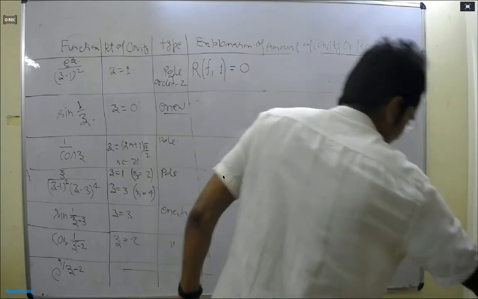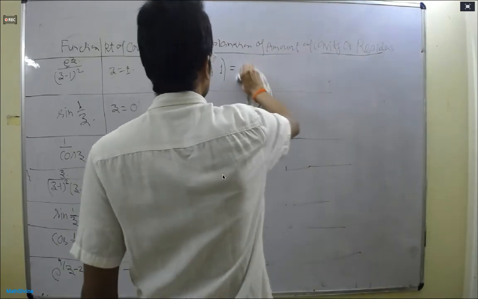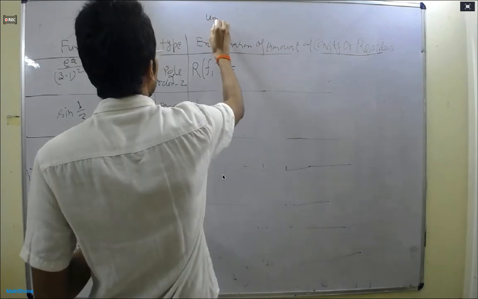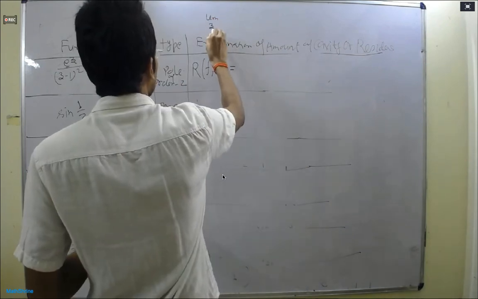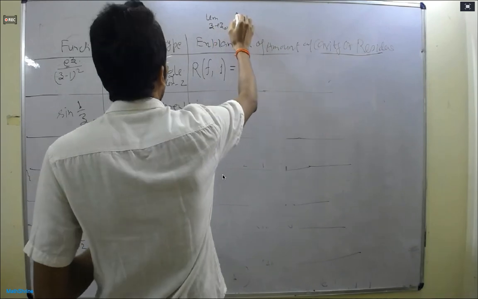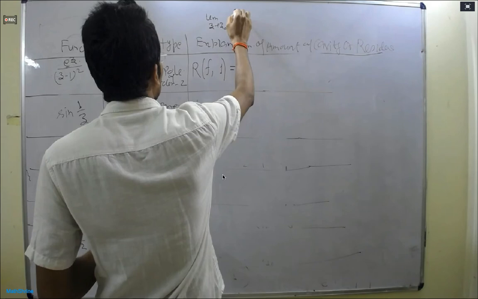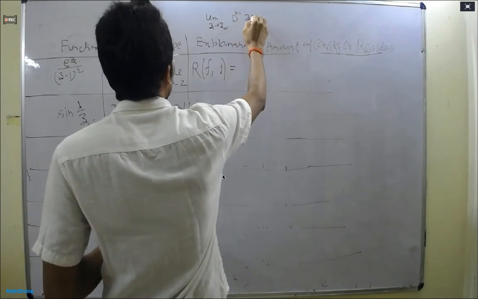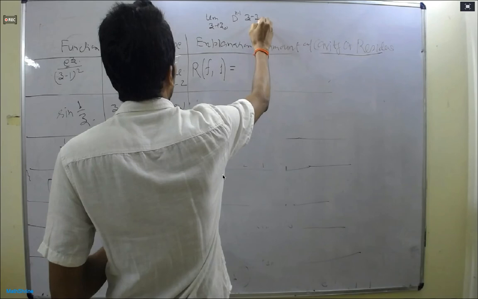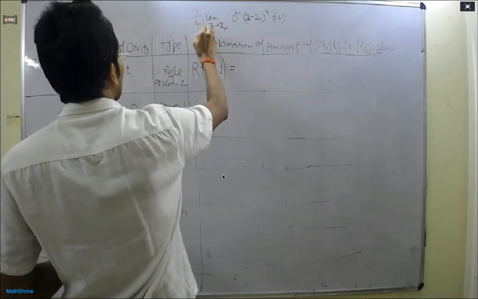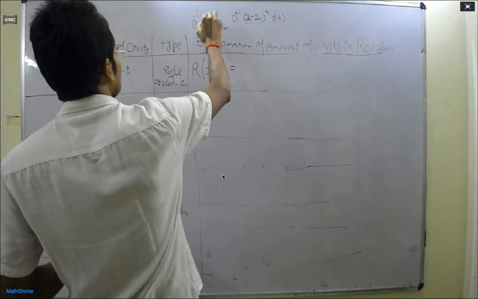Limit z tending to z naught, 1 upon n minus 1 factorial, derivative of order n minus 1 of z minus z naught power n into f(z). N is the order of the pole. Here the order is 2, n is equal to 2 given.